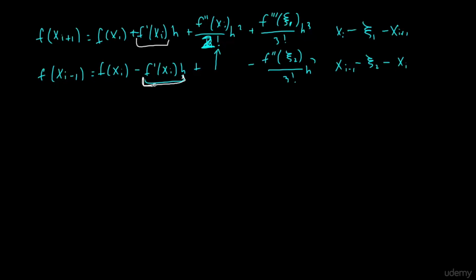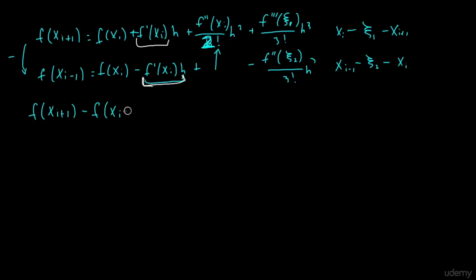So essentially we want to perform a subtraction. So let's try doing a subtraction instead. So we're going to subtract this from this, and we're going to have f of xi plus 1 minus f of xi minus 1.